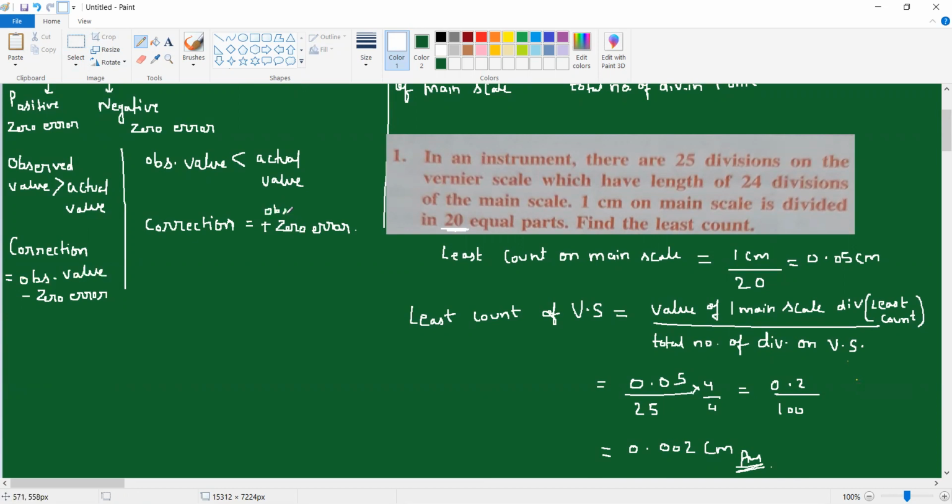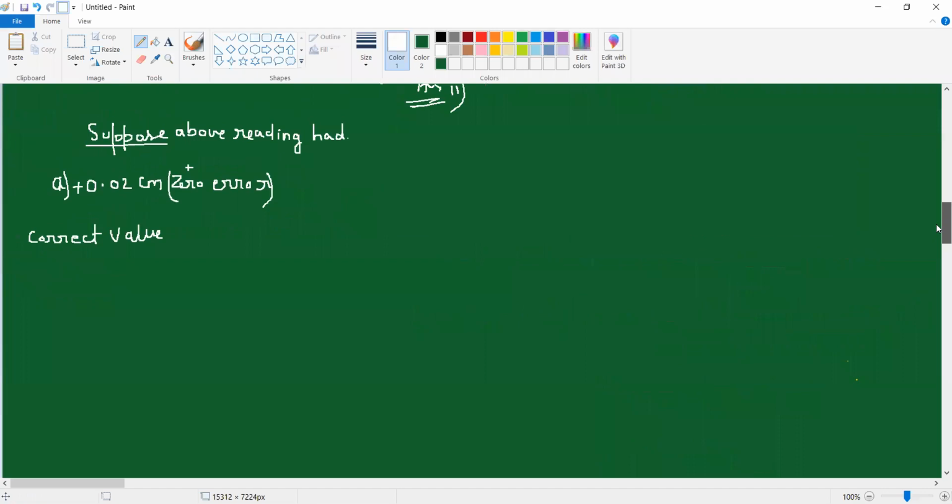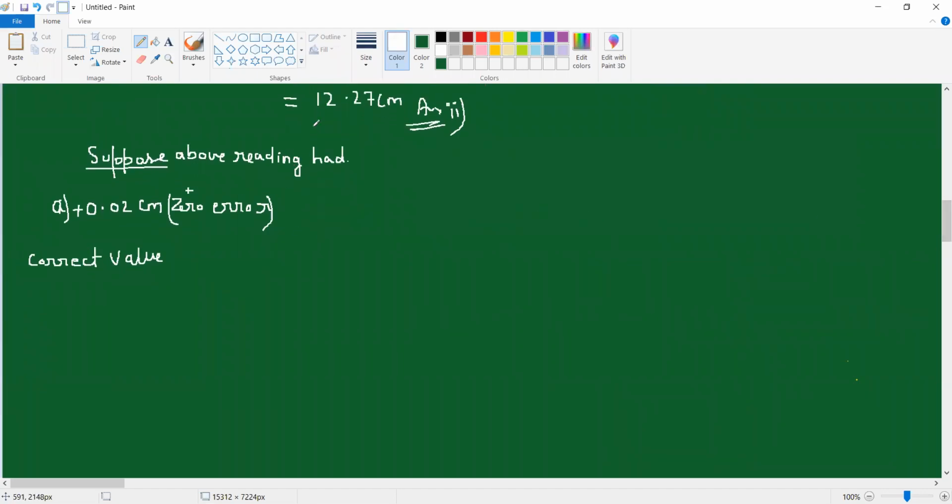Observed value plus zero error in case of negative error. So this will be 12.27 centimeter minus 0.02 centimeter. So the corrected value will be 12.25 centimeter.